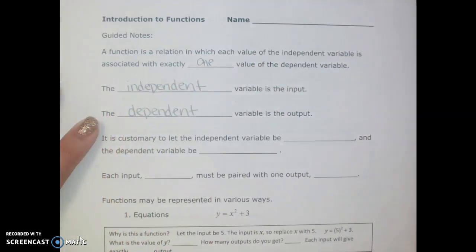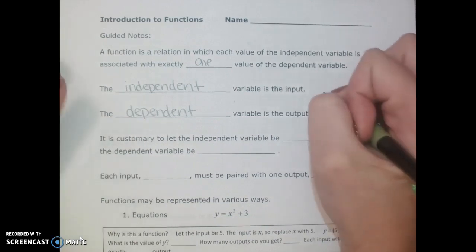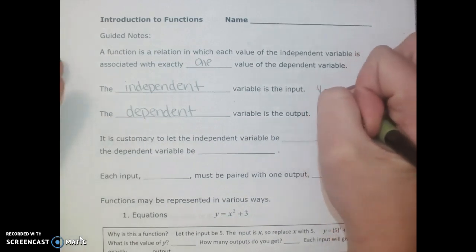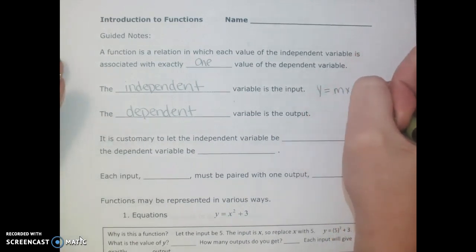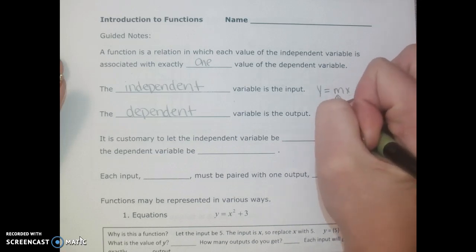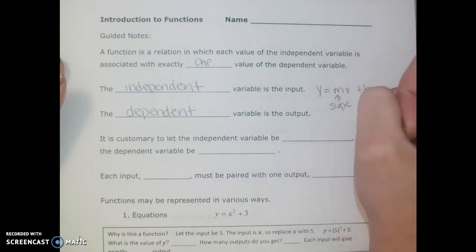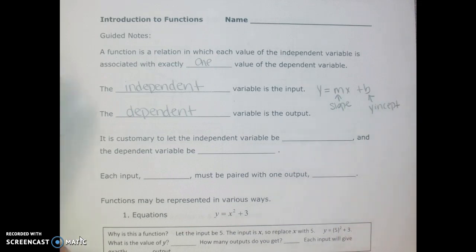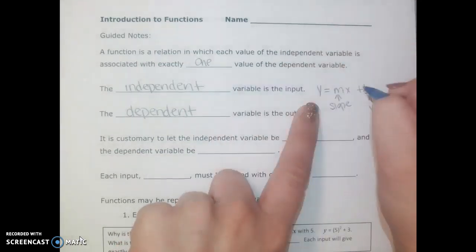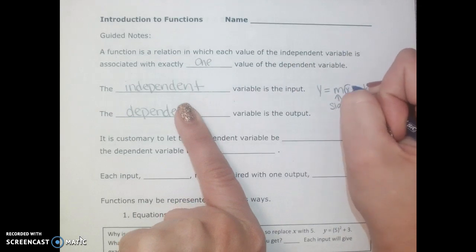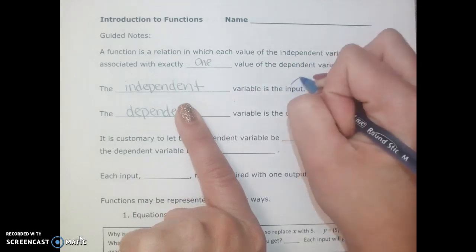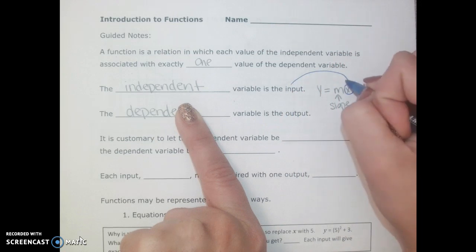So I have heard that you guys have been taught the equation y equals mx plus b, where m is your slope and b is your y-intercept. This information is given to you in a graph or also in an equation. The independent variable is your x, because it's what is being multiplied, so it is your input into the equation.